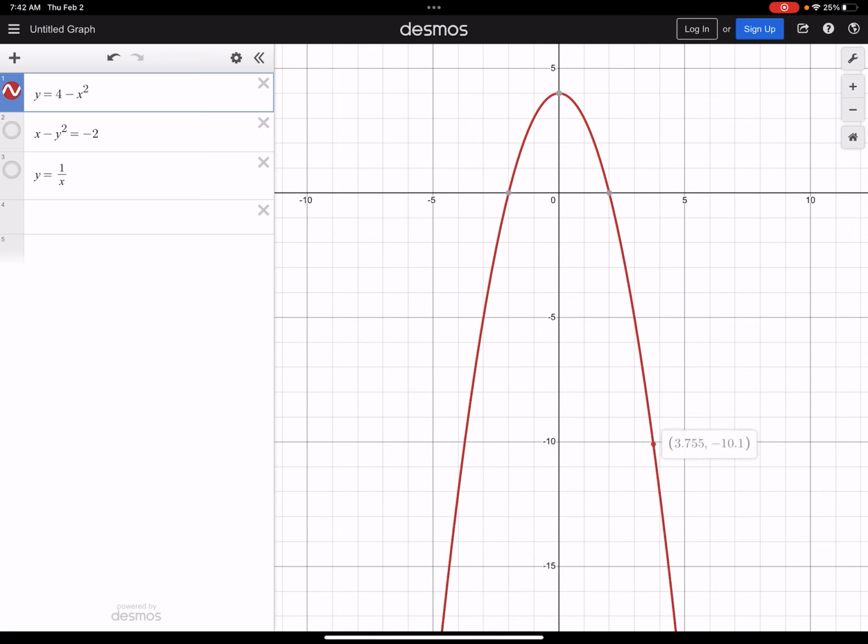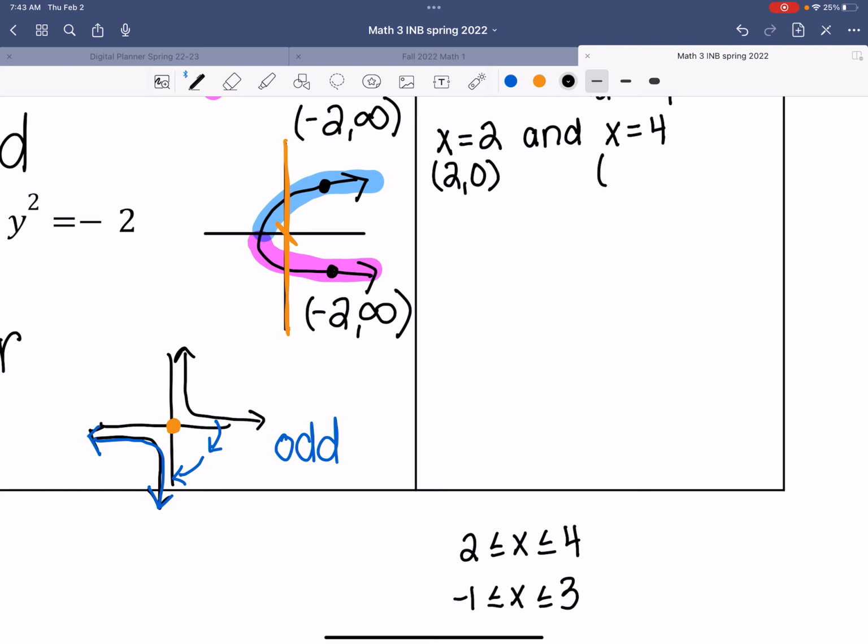So if I grab my cursor and I go to 4, I have 4 and negative 12.